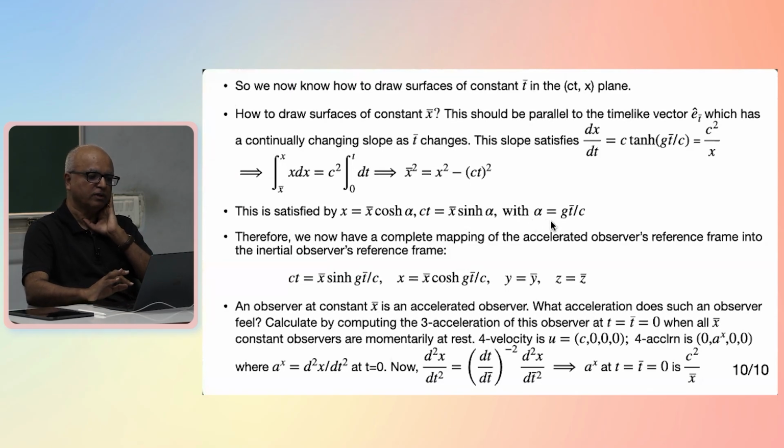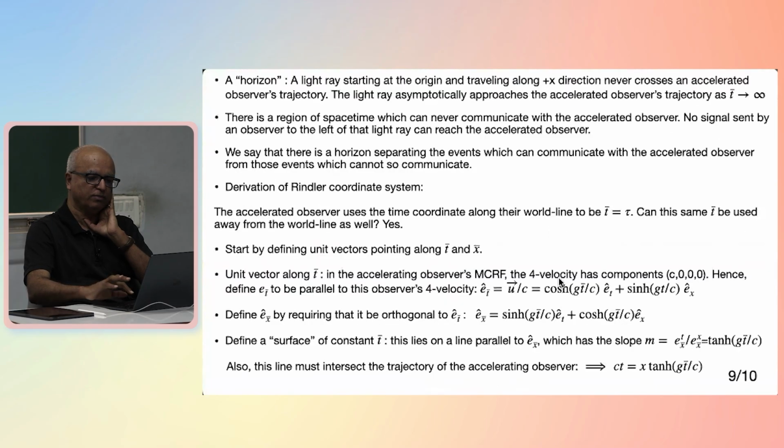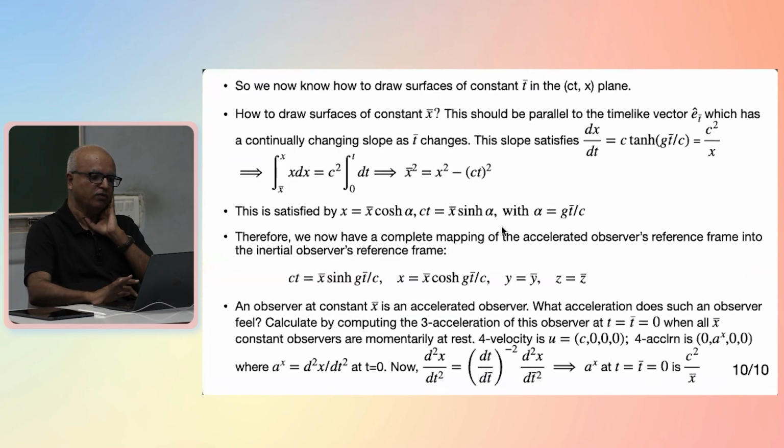If the value of alpha is fixed by using this relation, finally you will find that x is x bar cosh(g t bar by c) and t is x bar sinh(g t bar by c).